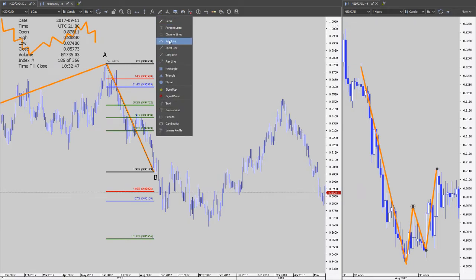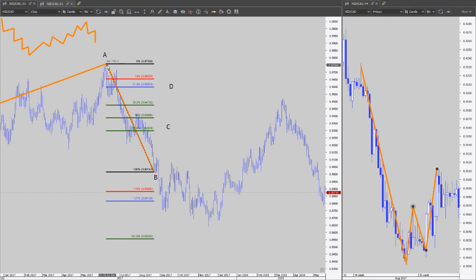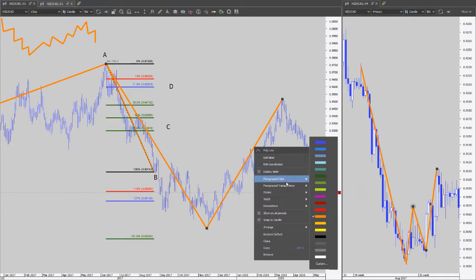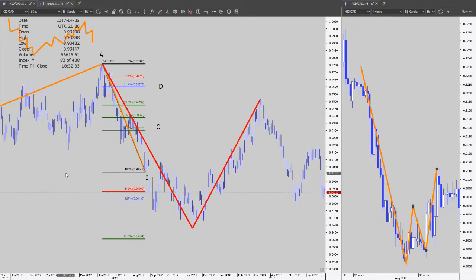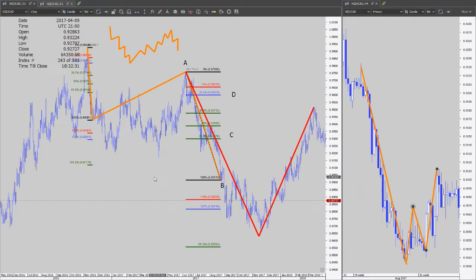So this is the Fibonacci, but this is structure, right? Fibonacci and structure, sometimes they are aligned, sometimes they aren't aligned, right?